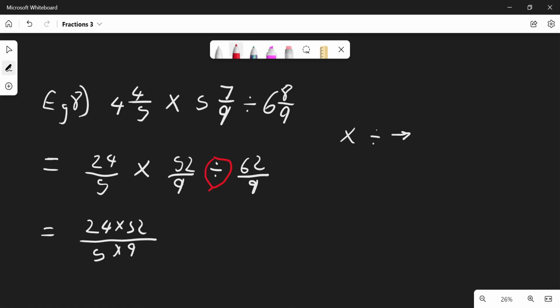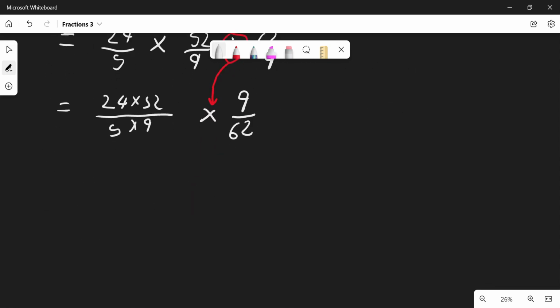It's going to become a times 9 over 62. Switch them around. All right. So that's going to be 1248 divided by 5 times 9 is 45, and then that's times 9 over 62.